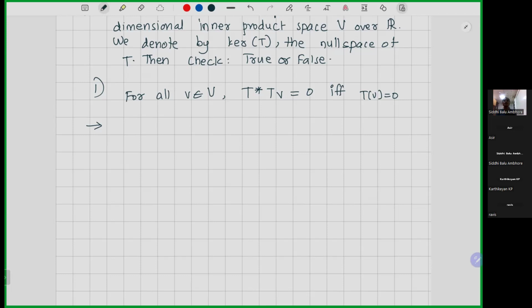Any guesses for this? Yesterday, if you remember, we saw that if the inner product of T v, v is equal to 0 for all v, then T is equal to 0. This is false. What are your guesses for this?